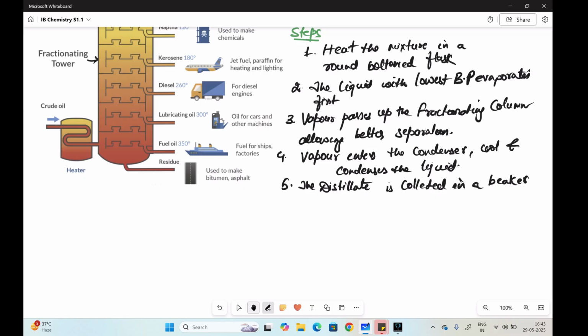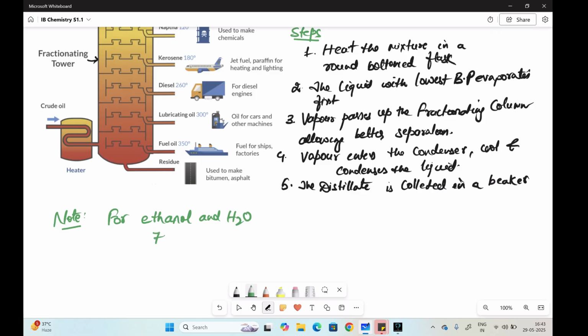There are some important points we must know. What are the note points? Let's say if you are extracting or removing ethanol and water, right?